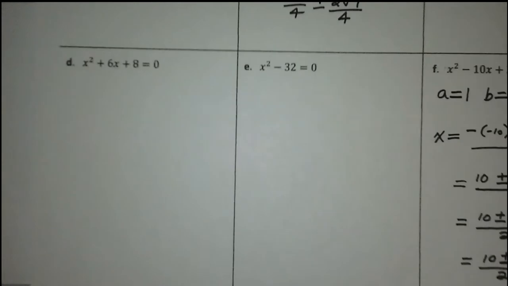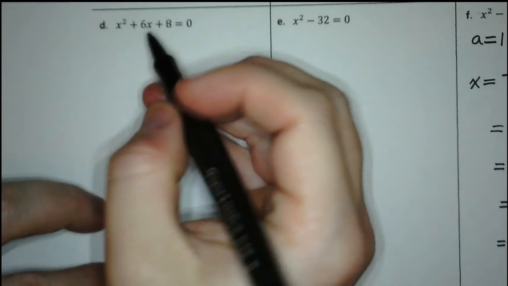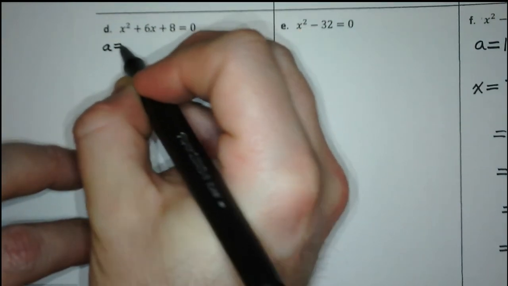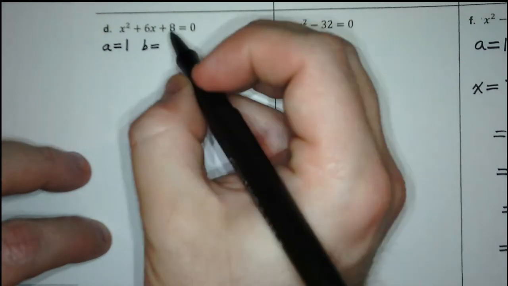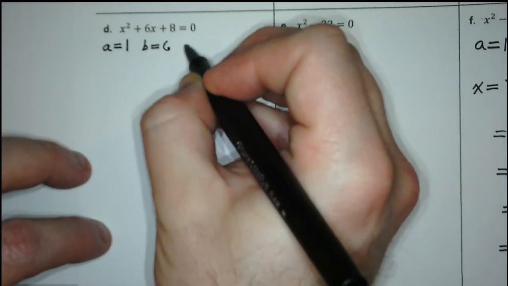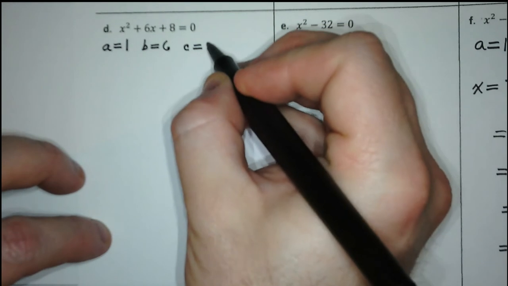I know this video is another semi-long one in the making, but this is all really important stuff. Example D. A equals 1, b equals 6, and c equals 8.